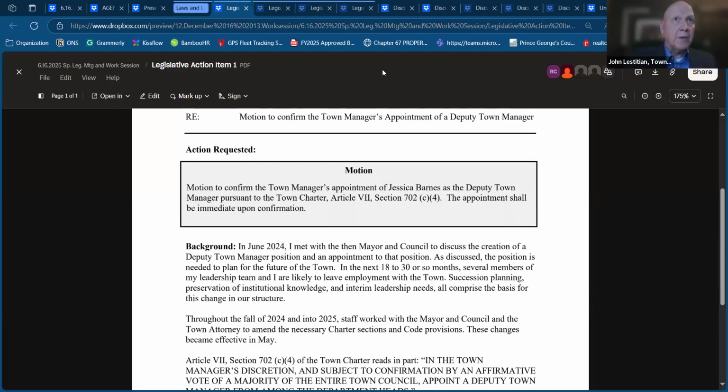Mr. Mayor, if I may respond. Yes, you may. Yes, Councilmember Lingua. It's my responsibility to ensure that we have the appropriate balance of duties.